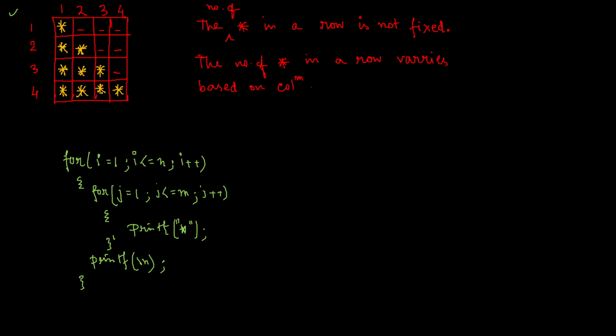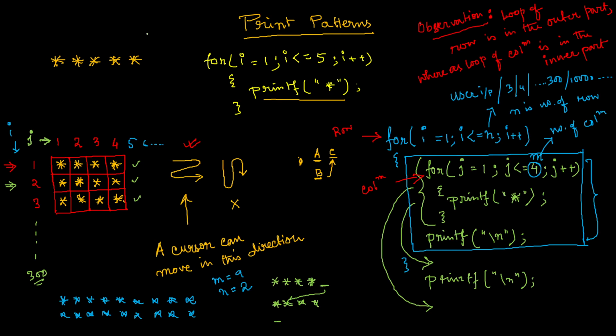Now in this type of pattern or whatever pattern, why we have seen that we follow this approach. That means the first row will be first completed, then the second row, then the third row. So if you enter in a row, you have to print all the stars or the required number of stars in that particular row. Then you can go to the next row and print the required number of stars in the second row.